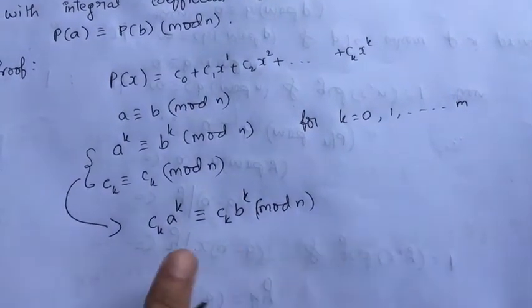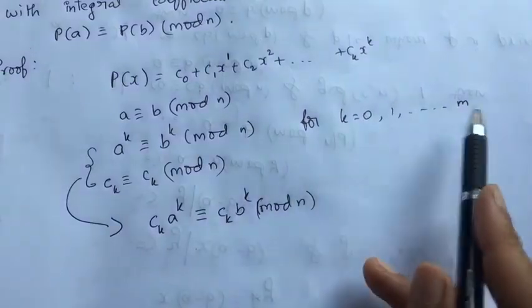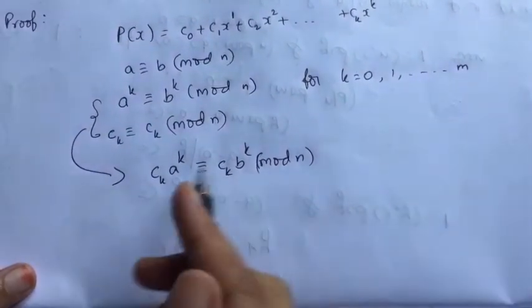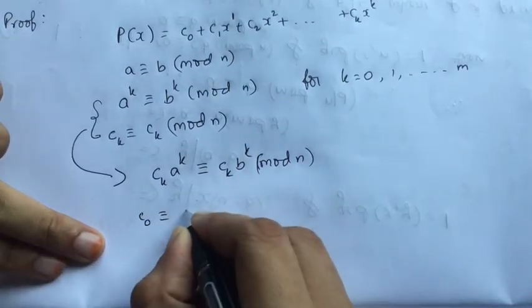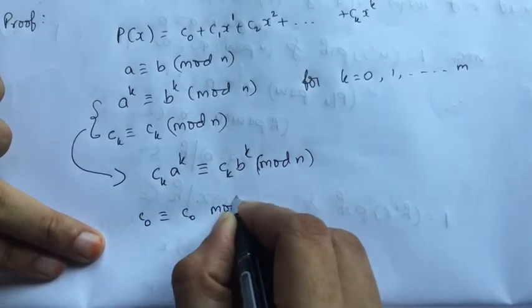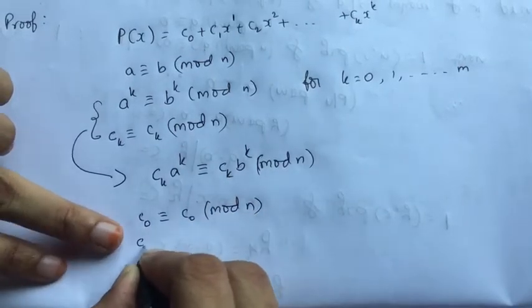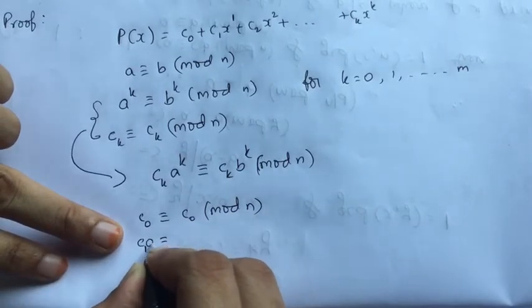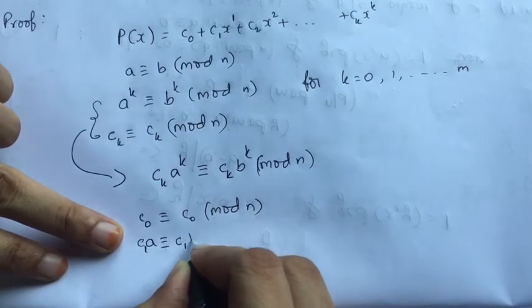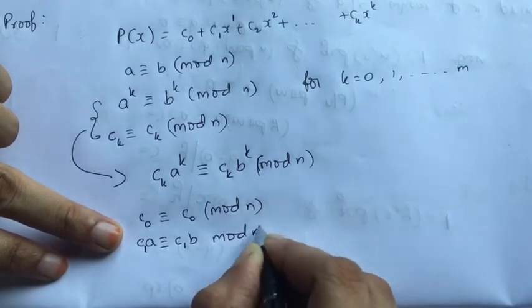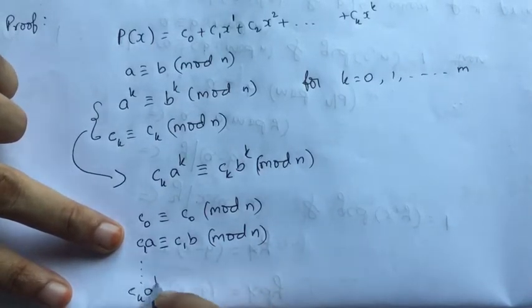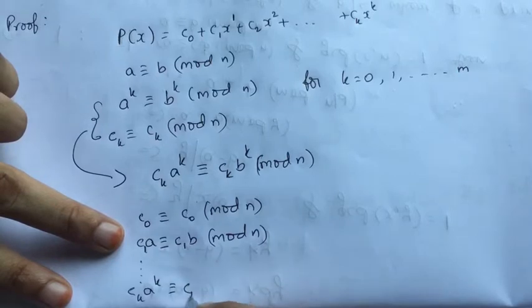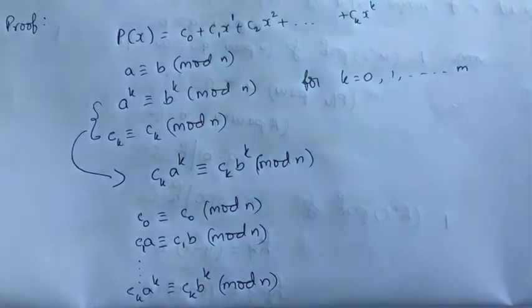Now see, this k ranges from 0 to m. If k is 0, then what happens? c0 is congruent to c0 mod n. And if k is 1, then c1 a is congruent to c1 b mod n. Like that, I can write ck a power k is congruent to ck b power k mod n.